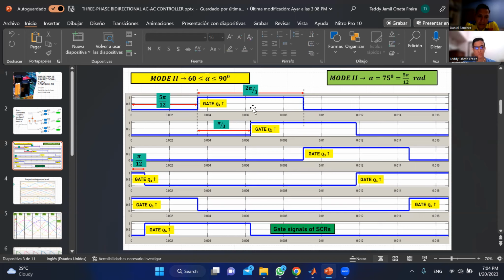As we can see, between pulse 1 and pulse 2 there is an offset of 60 degrees, and between pulse 2 and pulse 3 it is the same. So this is going to be the same for each pulse. The next slide.